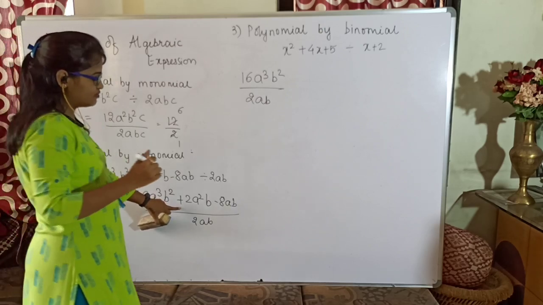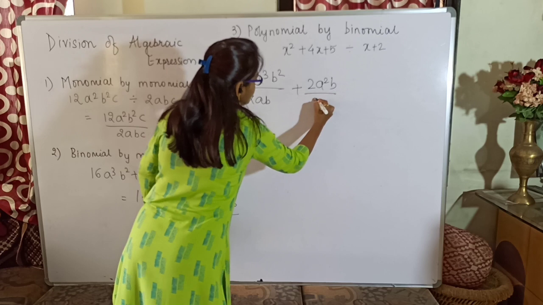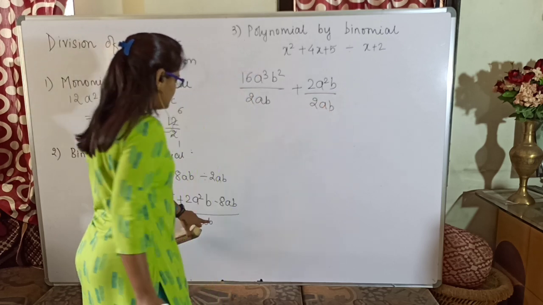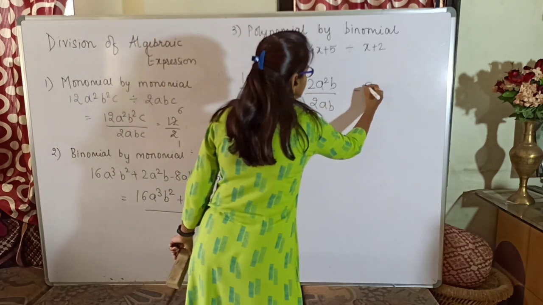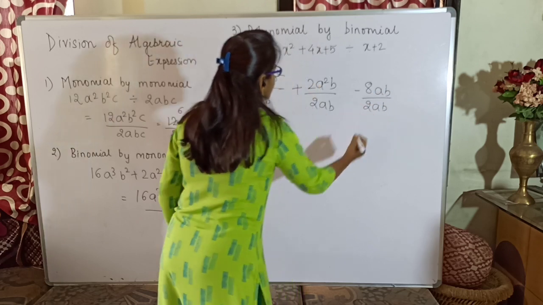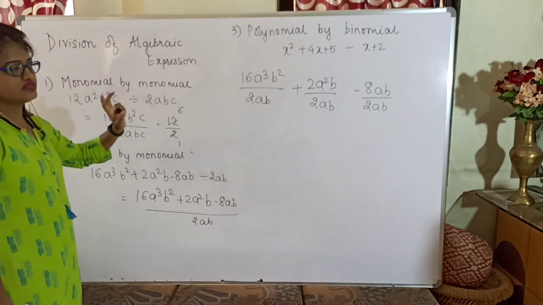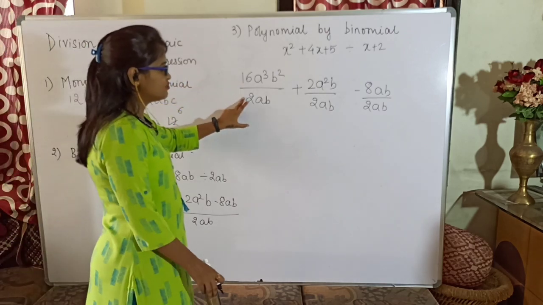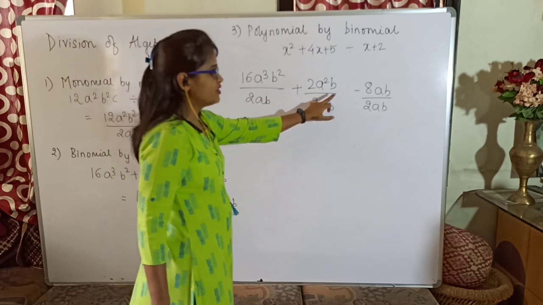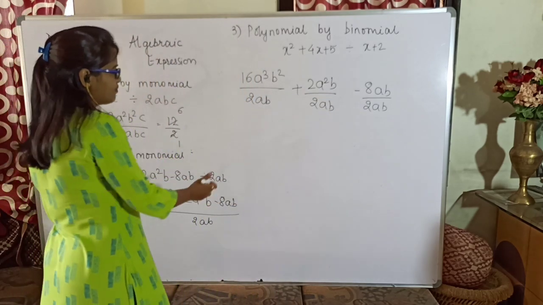Second one, plus 2a square b divided by 2ab. Third, minus 8ab divided by 2ab. Now you have got it in the form of how to divide two monomials. So this is a monomial divided by another monomial, each term. Now apply the same steps which we applied here.